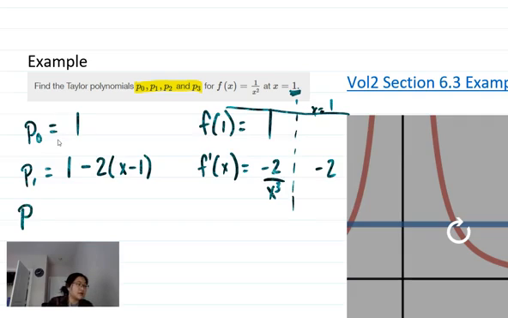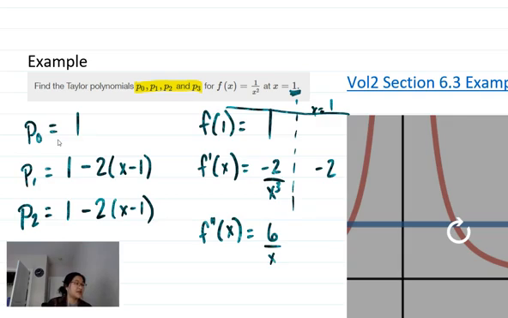And then our second degree polynomial is going to be what we had from before. But then we're going to have another term, and that's going to be found from our second derivative, which is positive 6 over x to the fourth. Do you see where the factorial is coming into play?